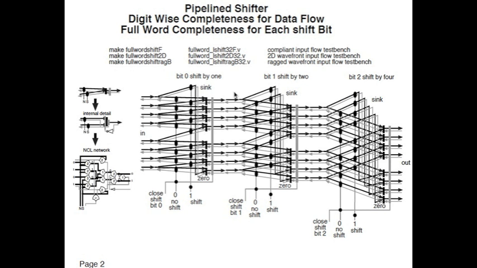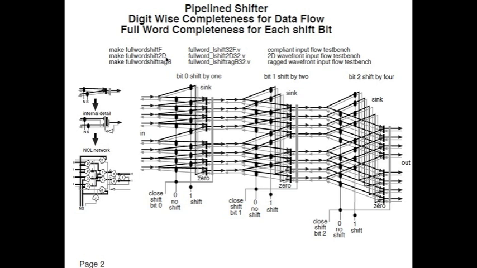A question of interest here is how will the shifter behave if we drop it into a 2D pipeline flow or a ragged wavefront flow? To look at that, we inserted functions between the test bench and the shifter that created 2D pipelines flow and ragged wavefront flow to present to the shifter. So the 2D pipeline flow, full word shift 2D, contains an incrementer before the shifter, a 2D pipeline incrementer, which increments with 0.